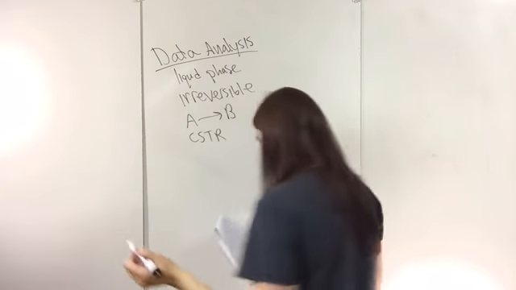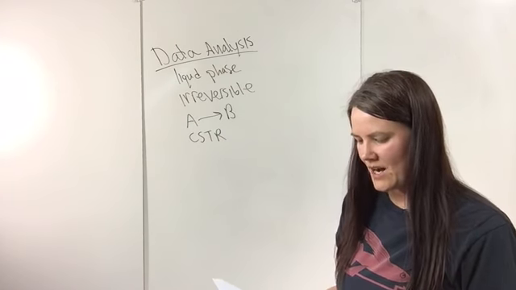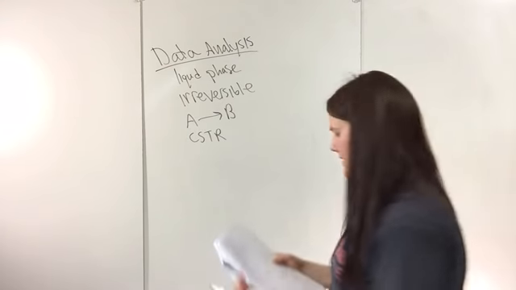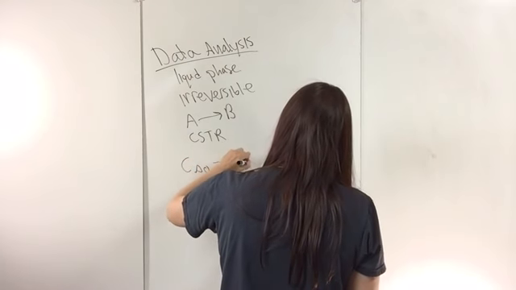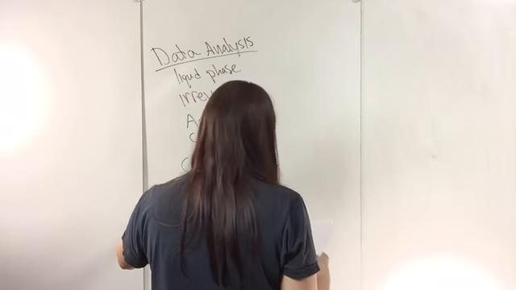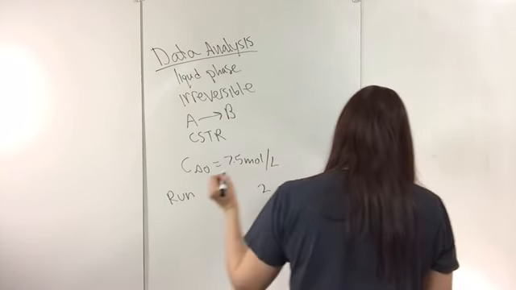Tau is varied, so they vary tau and then they measure concentration, and Ca naught is equal to 7.5 moles per liter. They did several runs, 1, 2, 3, and 4, and they varied tau and measured Ca.